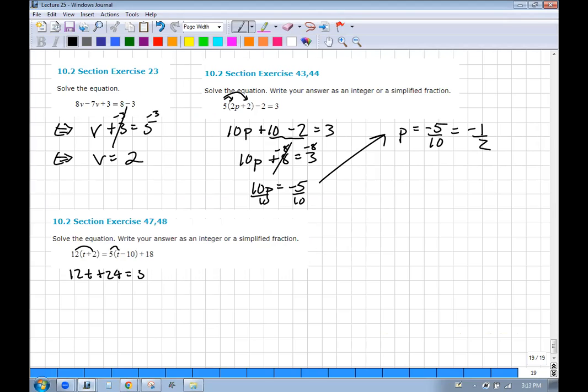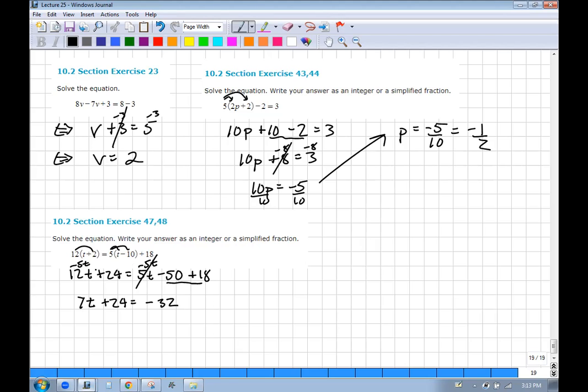I got a 5t minus 50 and this lingering 18. So let's get all the t's on the left-hand side. If I take 5t from both sides, that goes away. That would give me 7t plus 24. And if I combine these, I got a negative 32.